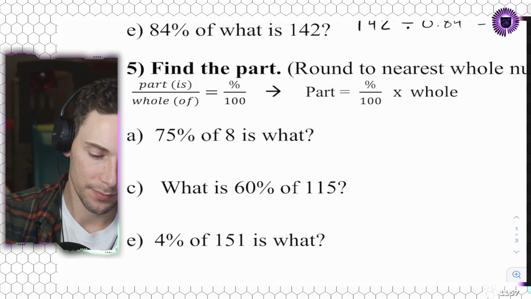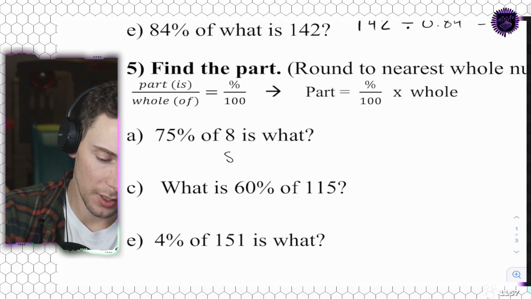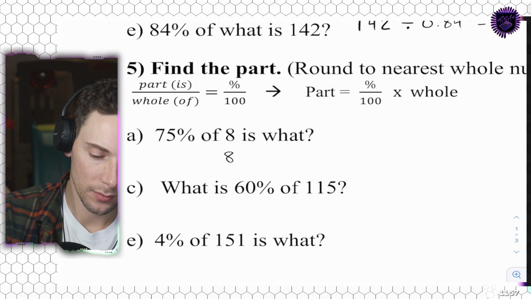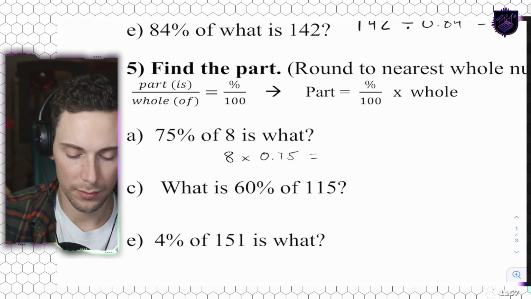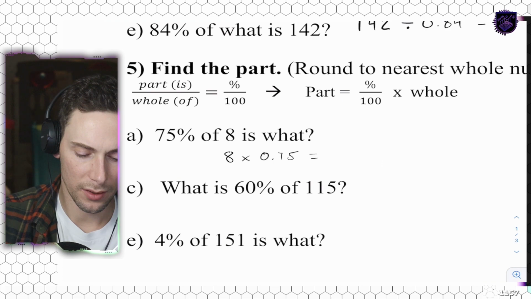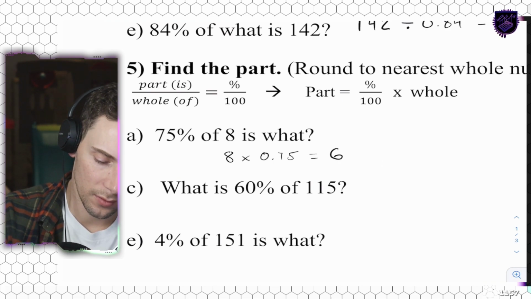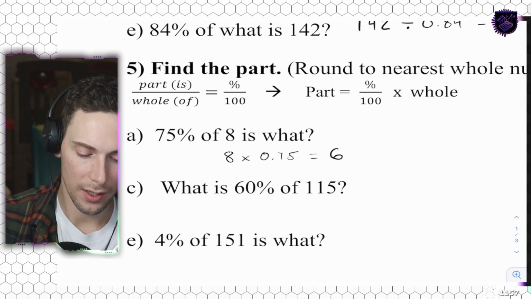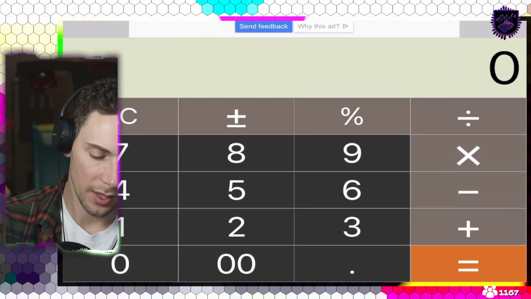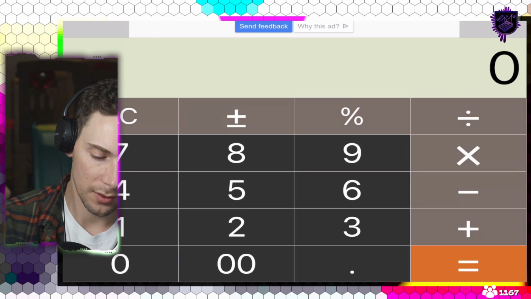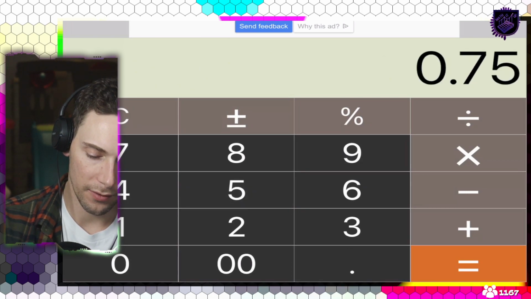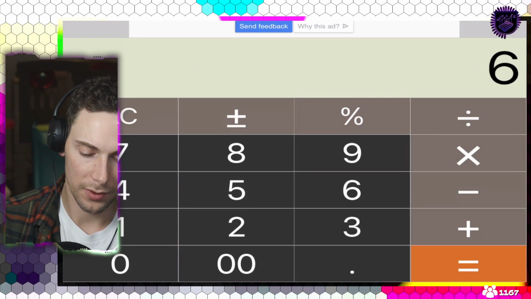So this one is going to be the whole times the percent in decimal form. And that's going to equal, what, 6, I think? 75% of 8 is 6. We can do that. 0.75 times 8 is equal to 6, yeah.